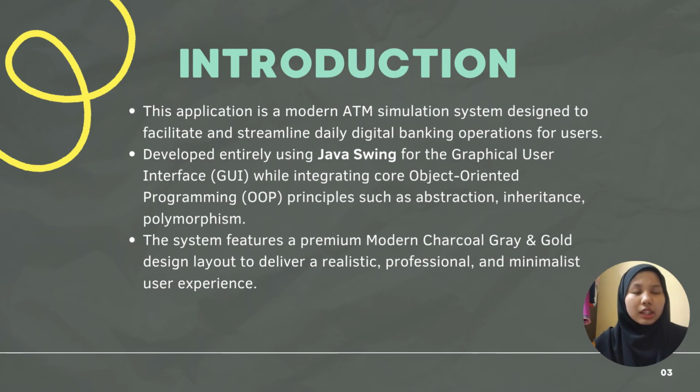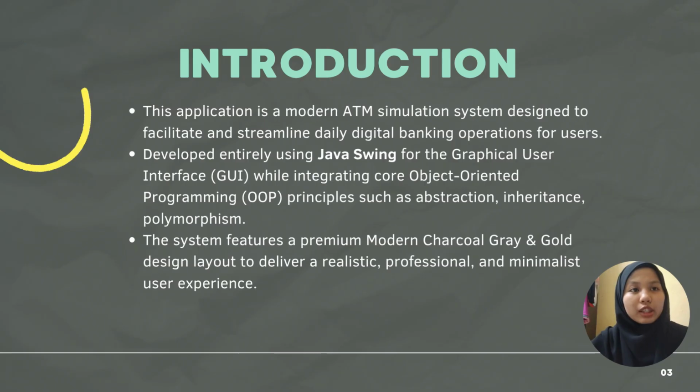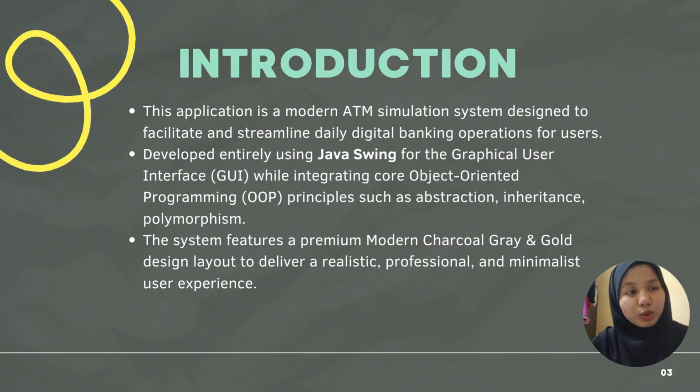For the introduction, our project is called the National Bank System. It is a modern ATM simulation system designed to facilitate and streamline daily digital banking operations for the user. This application is developed entirely using Java Swing for the graphical user interface while integrating core object-oriented programming principles, including abstraction, inheritance and polymorphism to handle our banking logic behind the scenes.